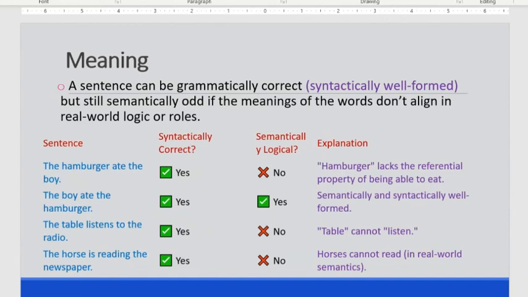But when we think of the real world meaning, or the role of the words, or the meaning of the sentence, it is semantically incorrect because the hamburger cannot eat the boy. Only the boy can eat the hamburger. So a sentence can be syntactically correct but semantically incorrect.